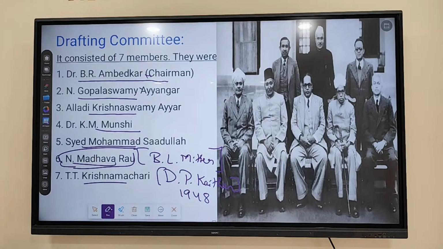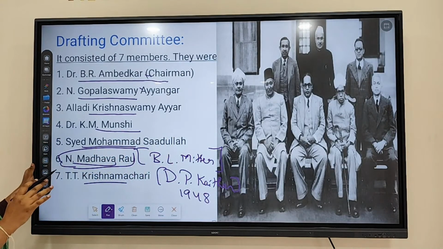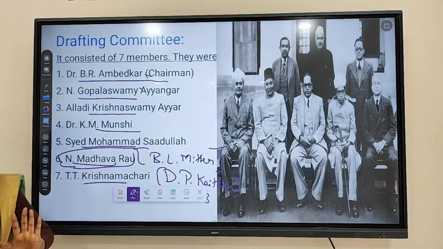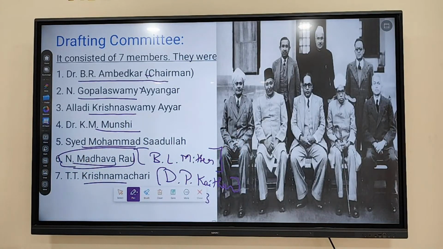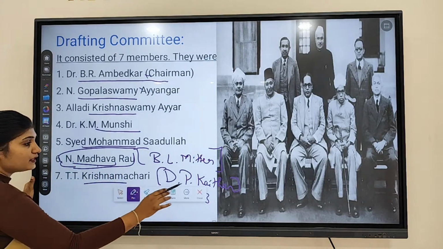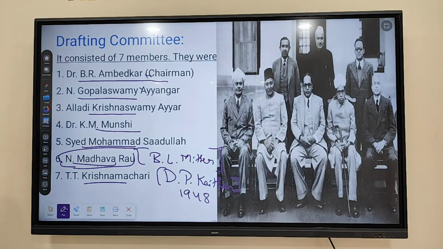Understood? Okay. And how many members are there? 8. Okay. We don't know who has been in that picture. Understood now? Okay. There are 7 here, but we don't know who has been added there. Replacement of B.L. Mitter was N. Madhava Rao. Replacement of D.P. Khaitan was T.T. Krishnamachari. Understood?